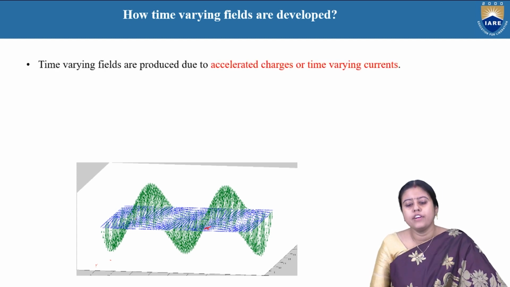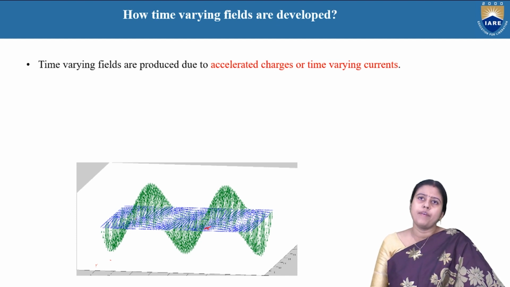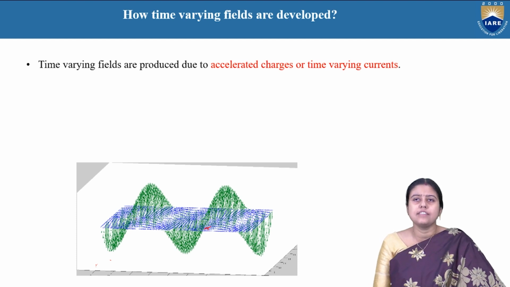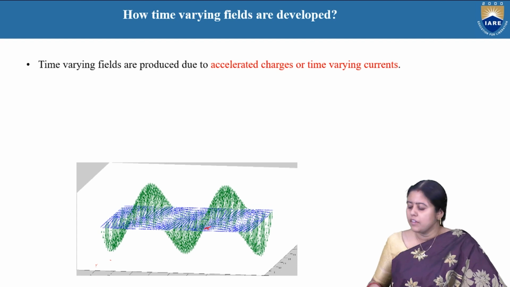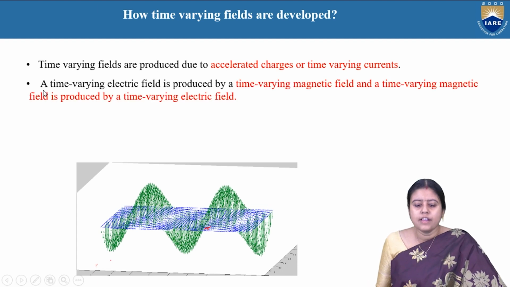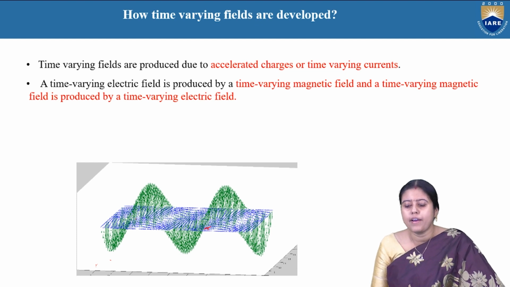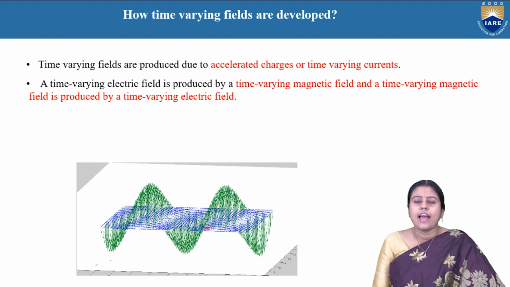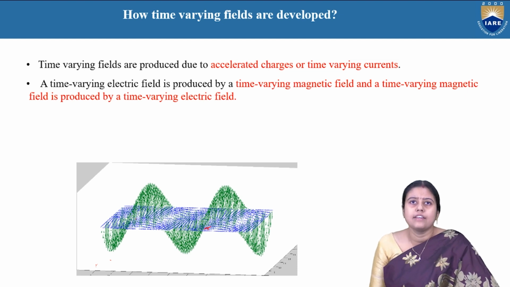Time varying fields are produced due to accelerated charges or time varying current. If the currents are changing their direction, that is time varying current, then the time varying charge will come. Next, a time varying electric field is produced by a time varying magnetic field, and a time varying magnetic field is produced by a time varying electric field.